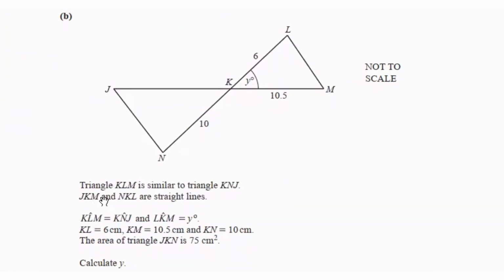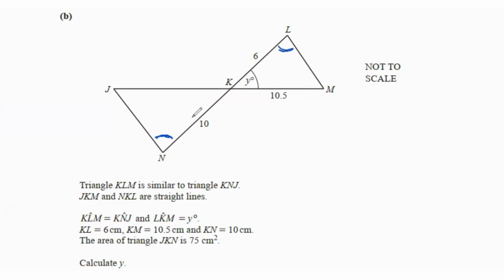In the next part, it says triangle KLM is similar to triangle KNJ. JKM and NKL are straight lines. KLM angle and KNJ angle are equal. So this angle is equal to this. LKM is given as y.